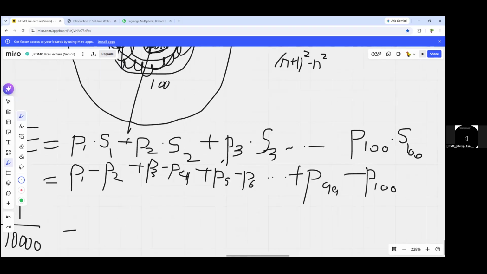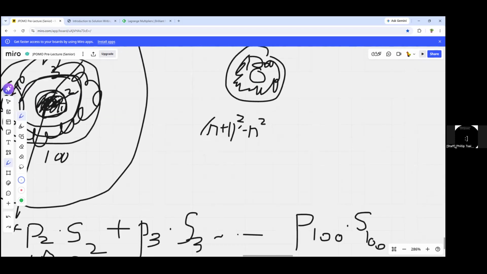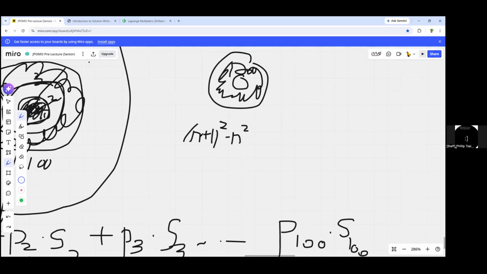So after 1/10,000, we can simplify this to n squared plus 2n plus 1 minus n squared, by the square of a binomial. So we can simplify this basically to just 2n plus 1.